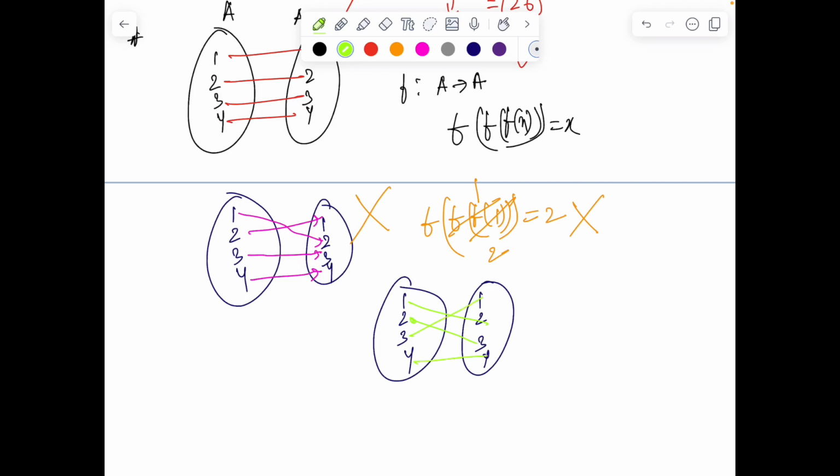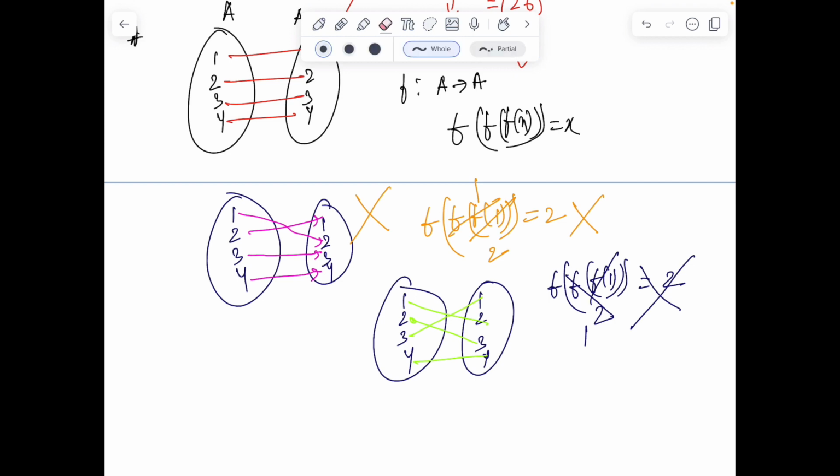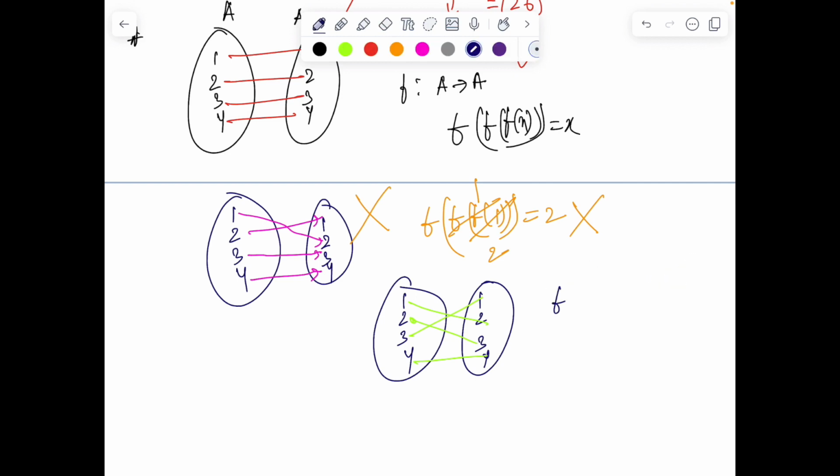Suppose 1 goes to 2, 2 goes to 3, and 3 goes to 1, and 4 goes to 4. Now is this possible? Let's give a try. f of 1 is 2, f of 2 is 1, and f of 1 is 2. So that's also not possible.